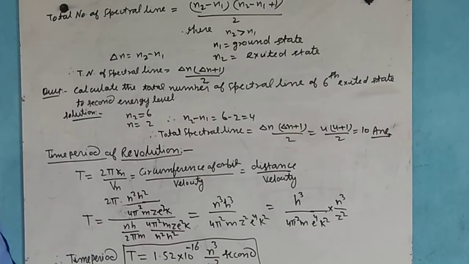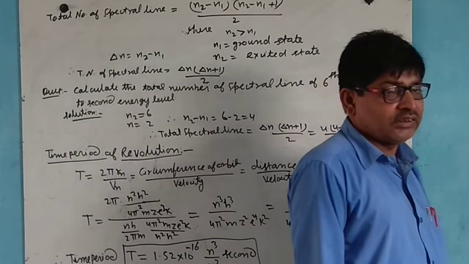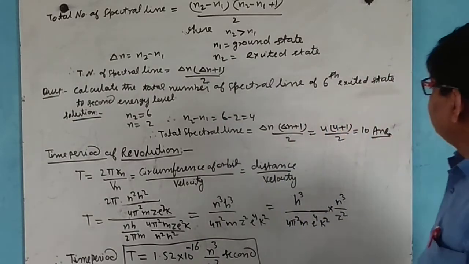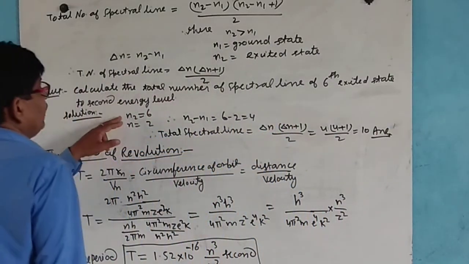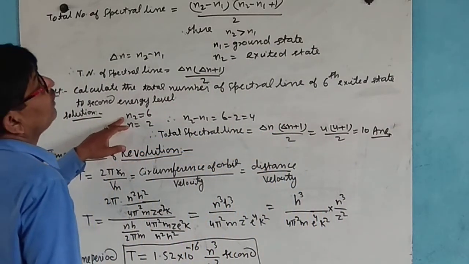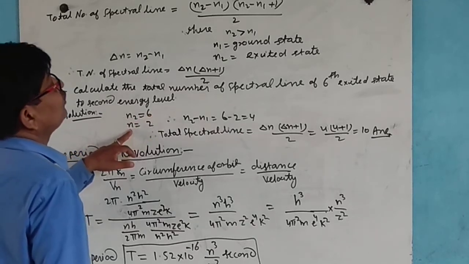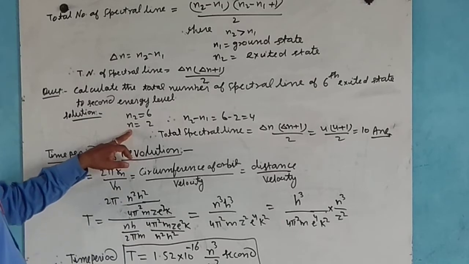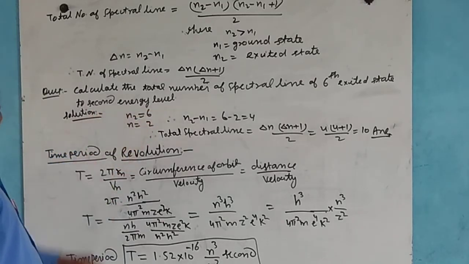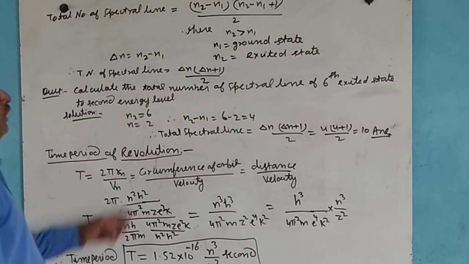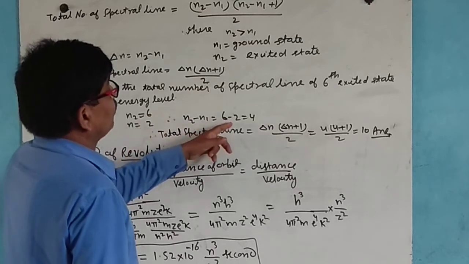Here is one problem: calculate the total number of spectral lines from the 6th excited state to the second energy level. Here n2 is the excited state 6 and n1 is the ground energy level 2, so delta n is equal to n2 minus n1, 6 minus 2 equals 4.